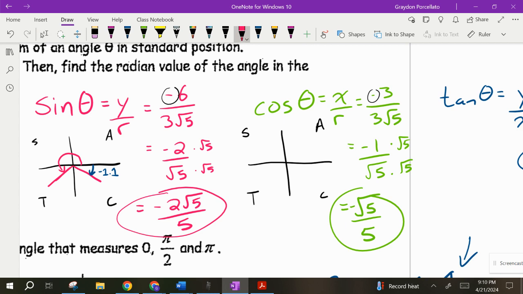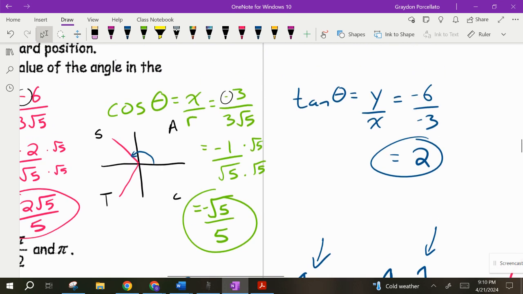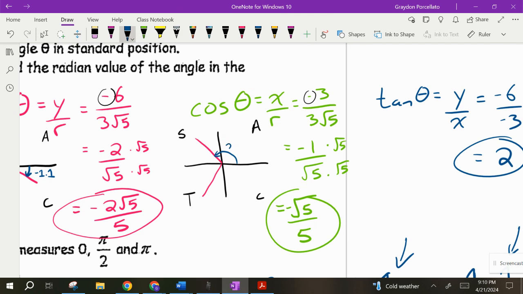Well, cos is negative here and here. And when we took the cos inverse, what did we get? Well, we got this angle, 2.03. But we don't want to know that angle. We want to know this angle.